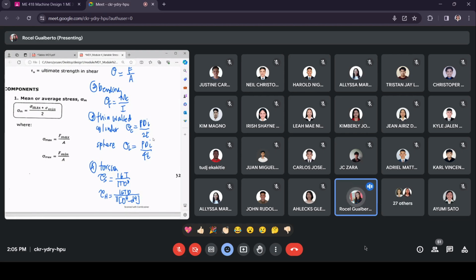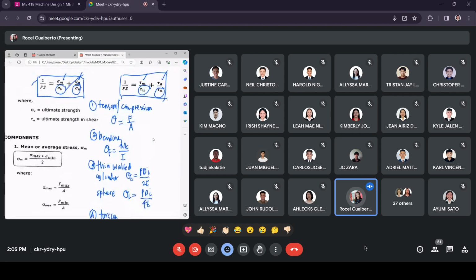Lamang po, we said the stress varies. Therefore, the loads that you apply to the member vary. Just like our first example kanina, if you have a material subjected to a tensile load, the force here varies.